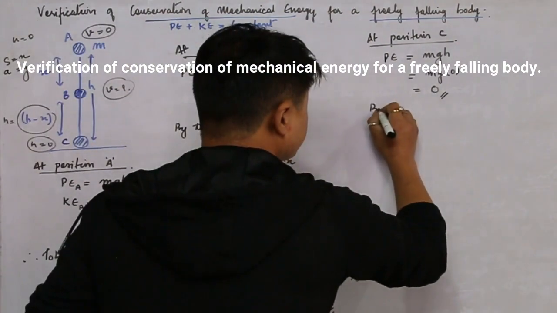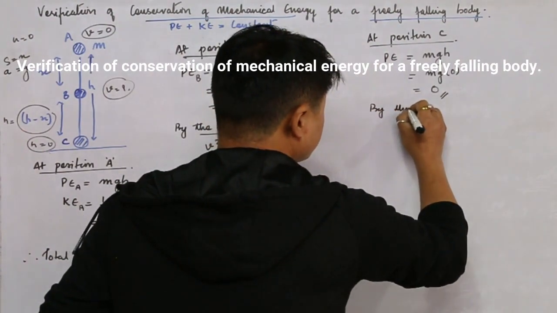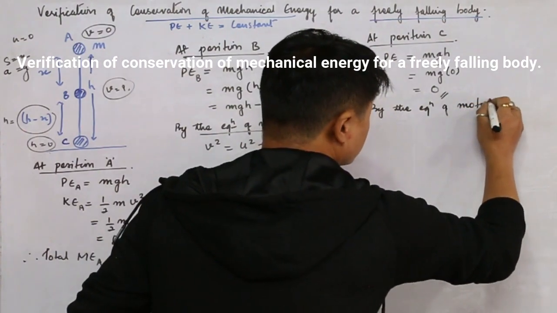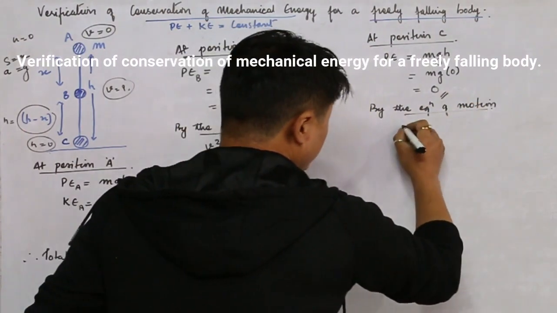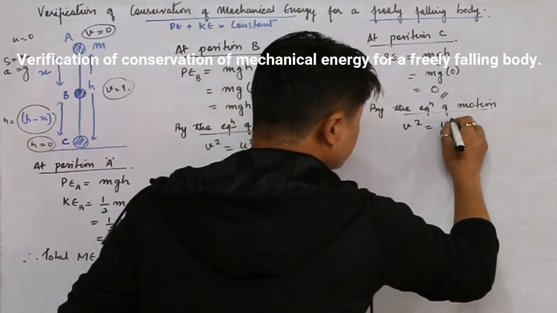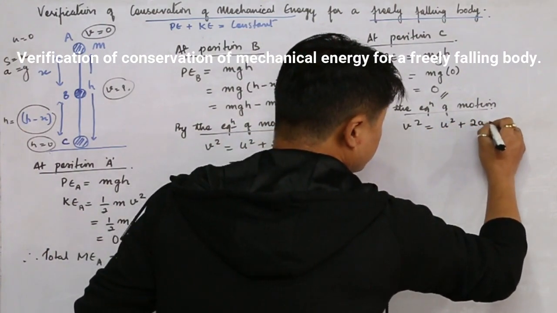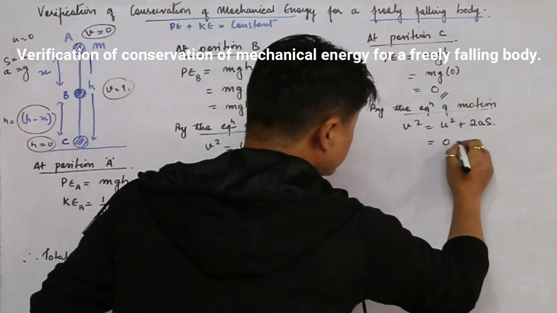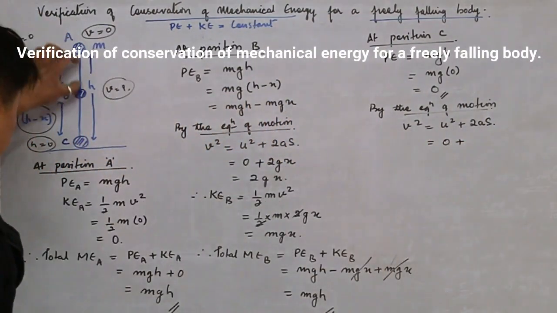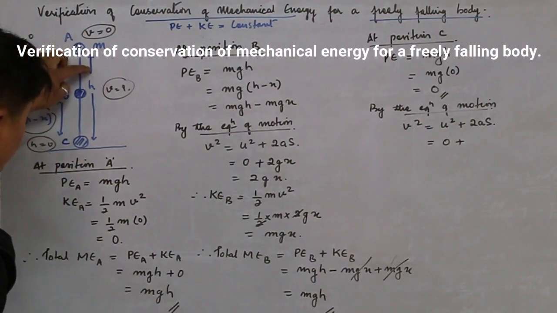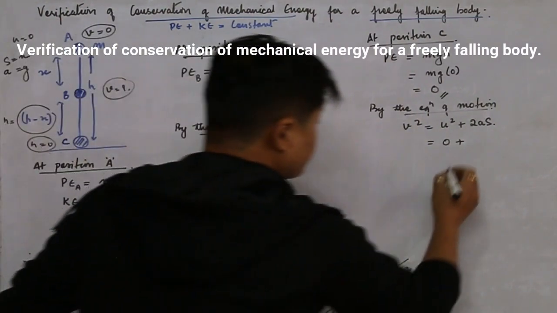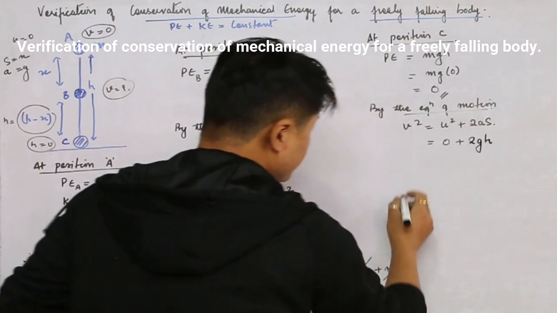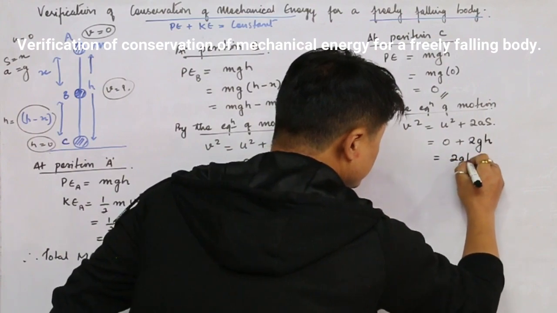By the equation of motion, v square is equal to u square plus 2as. Initial velocity is 0, since the body is traveling from A. Here the body will cover maximum distance h. So a is g and s is h, giving v square equal to 2gh.